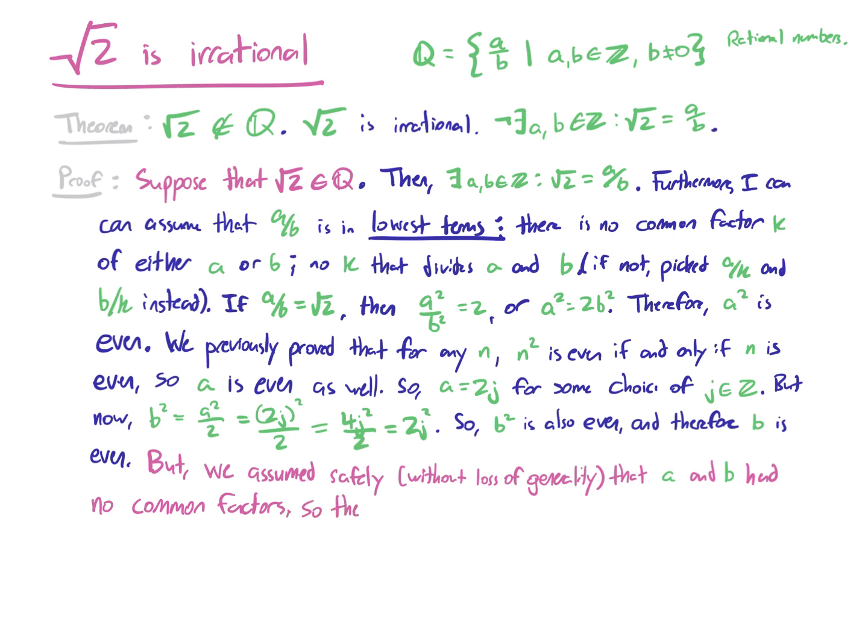So they can't both be even. If they were even, 2 would be a common factor. This is a contradiction.